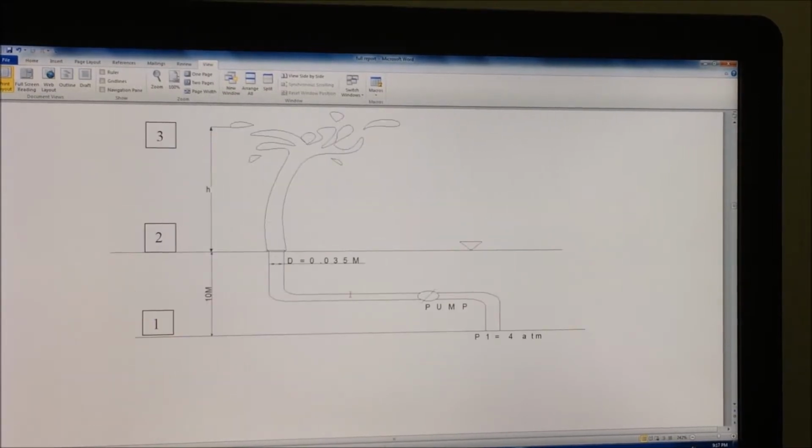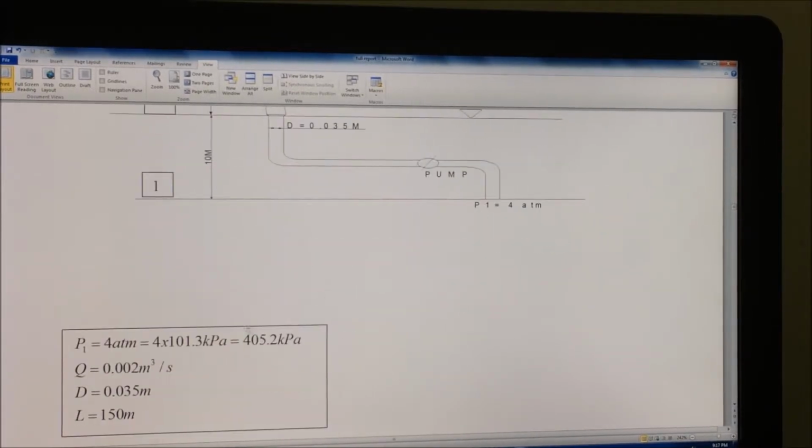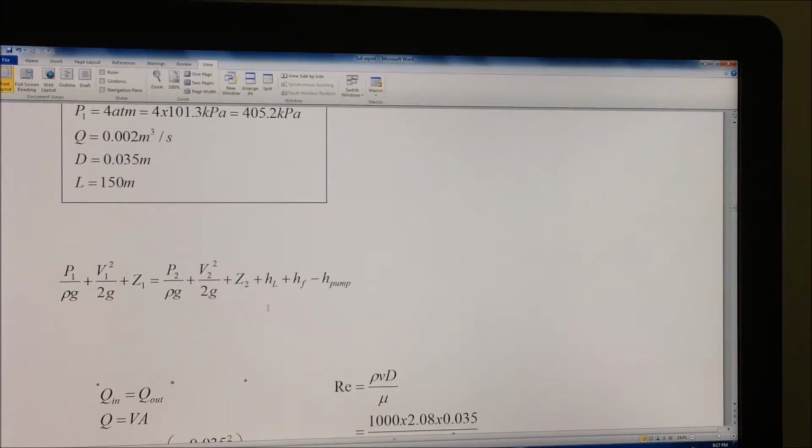And we assume that the flow rate of the pipe at the exit and entrance is 0.002 meter cube per second, and the diameter of the pipe we use is 0.035 meter, and the length is 150 meter. So this is our Bernoulli's equation for our project we use to find the head pump.